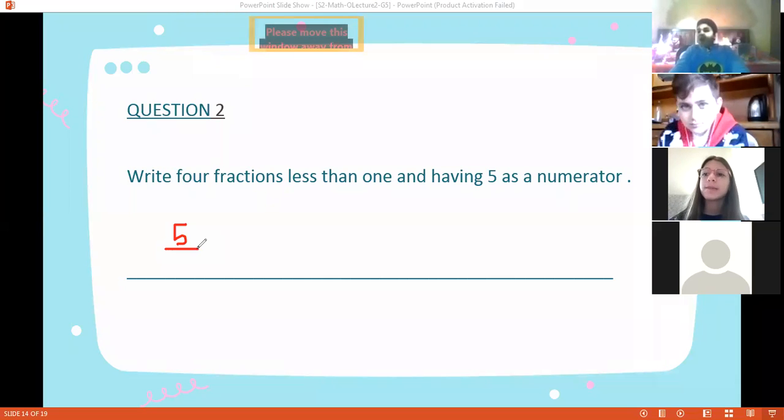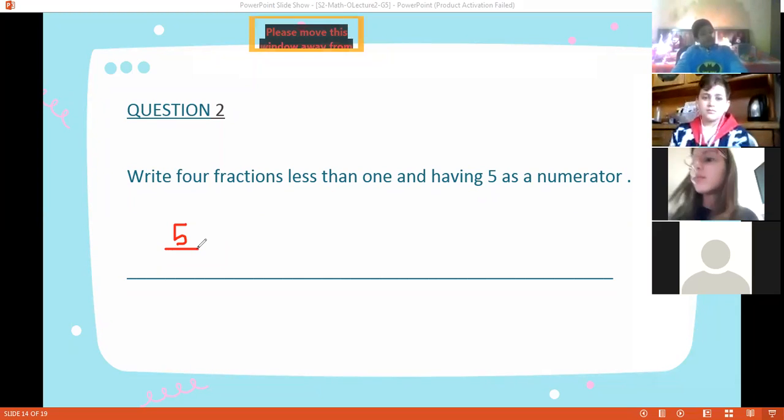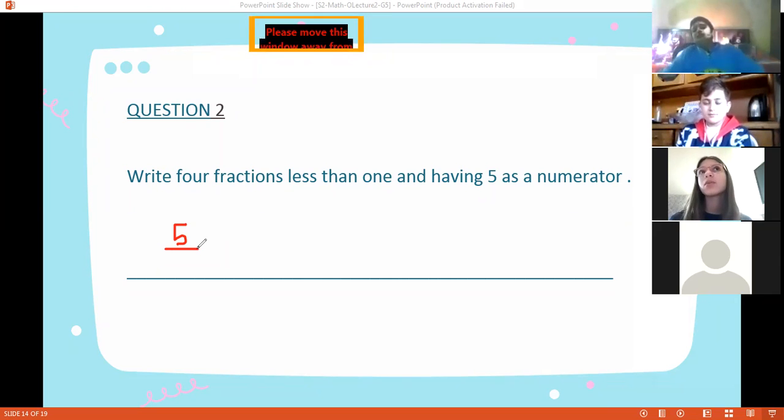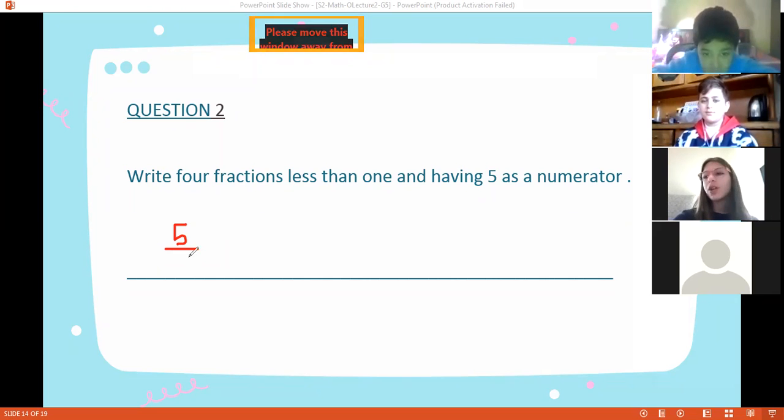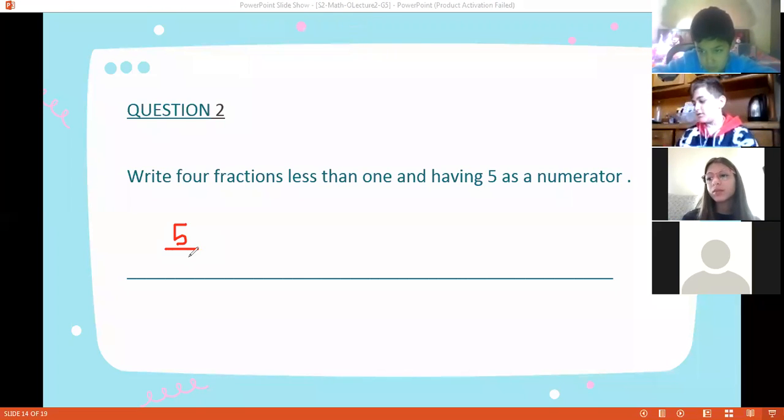Pay attention. Less than 1. If it is less than 1, the numerator must be less than the denominator.